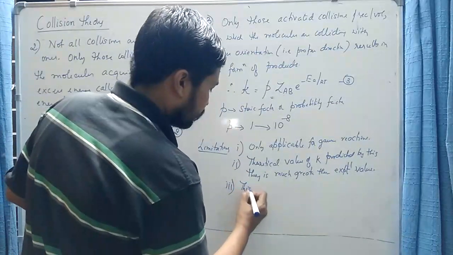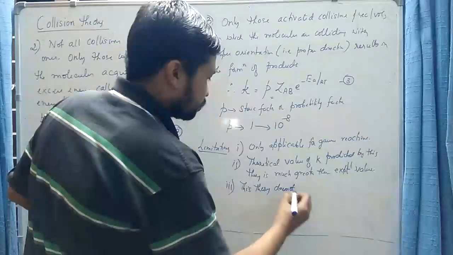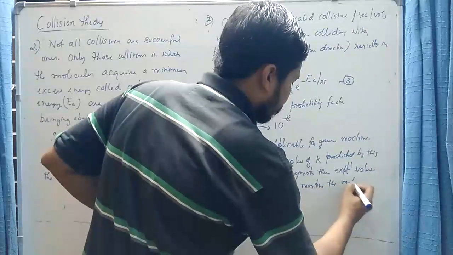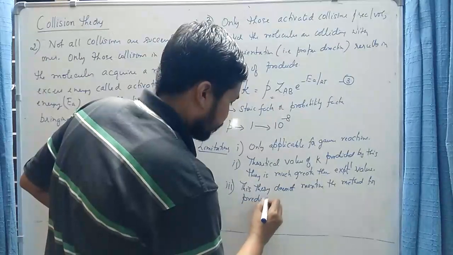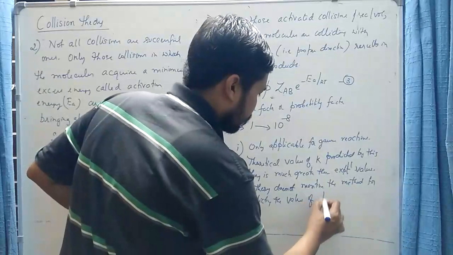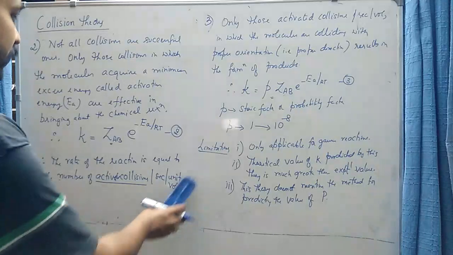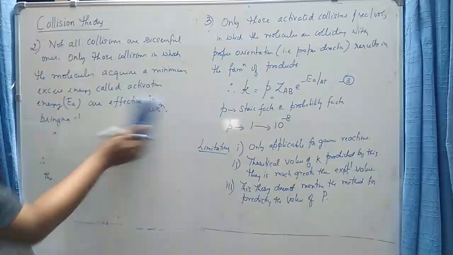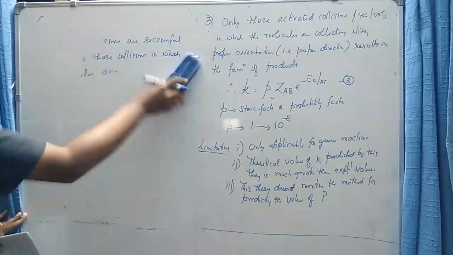This theory does not mention the method for predicting the value of the probability factor P. It is not possible for this theory to give an explanation or a method using which one can estimate the value of the probability factor for a particular reaction.